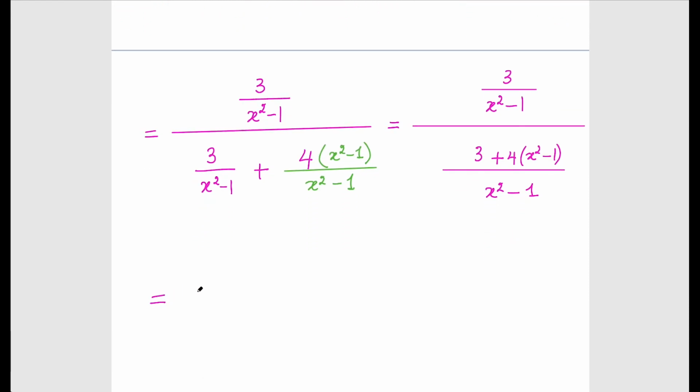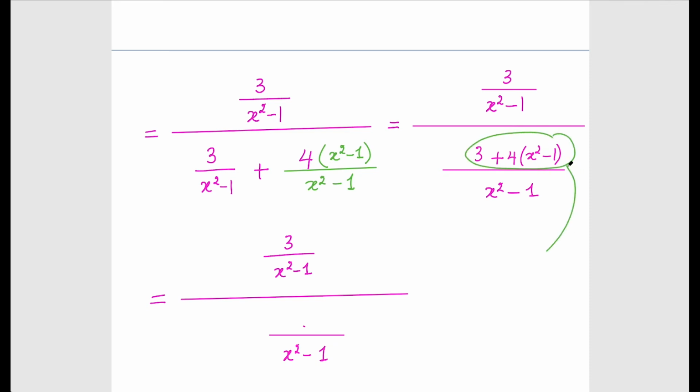This is equal to 3 over x squared minus 1. And I'm gonna simplify this guy, and it's gonna be sitting over that x squared minus 1, right? Let's try to find the simplified version of this. What is this piece?